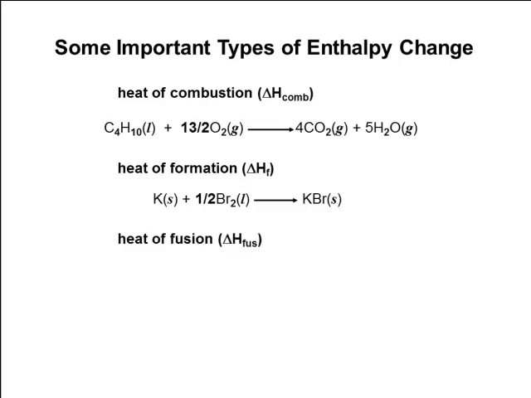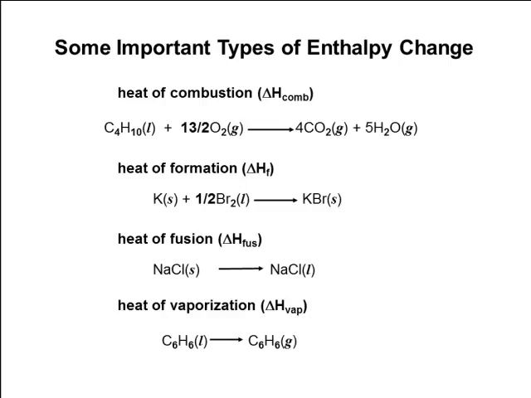I have heat of fusion, which is delta H sub FUS. That's the amount of heat required for 1 mole of our compound to go from the solid phase to the liquid phase. Heat of vaporization, which is delta H sub VAP, is the amount of heat required for 1 mole of our compound in liquid form to go to 1 mole of our compound in gaseous form.